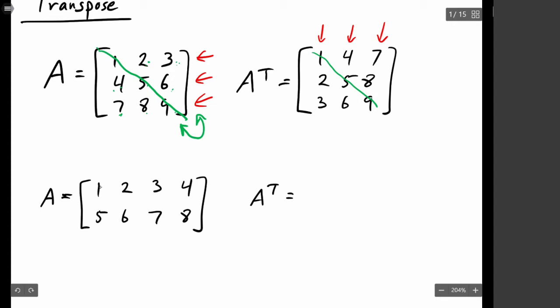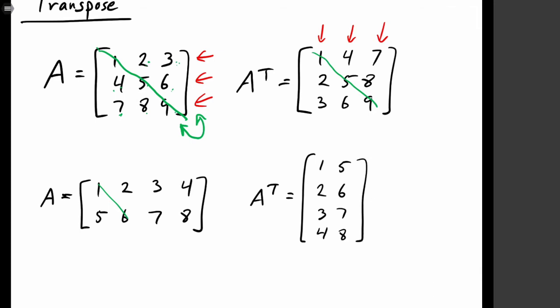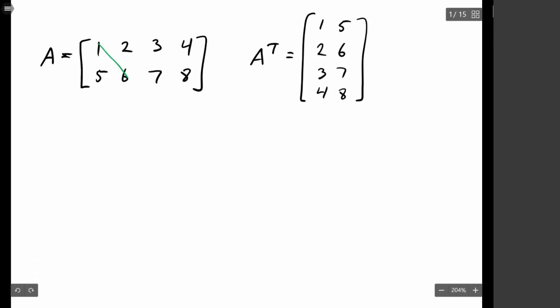Either way you think about it, this has got to become a 4 by 2 matrix now. It's going to be 1, 5, 2, 6, 3, 7, 4, 8. So hopefully that kind of makes sense. And again, here's the diagonal that didn't change.